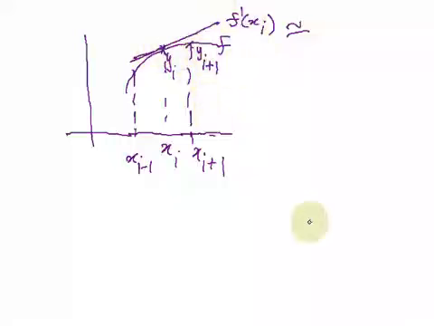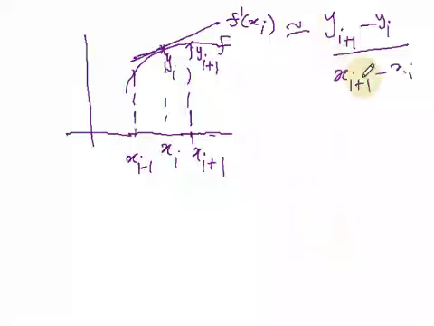How do you write that? The distance between the y coordinates divided by the corresponding distance between the x coordinates, xi plus 1 minus xi. So this is an approximation.